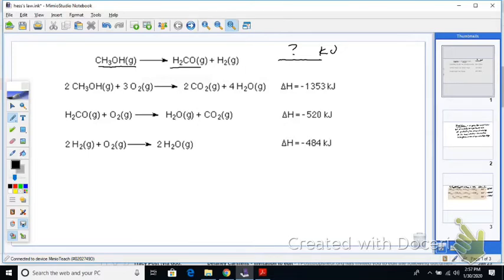So I'm going to flip it. I'm going to put H2O gas plus CO2 gas, arrow, H2CO gas plus O2 gas. Since that's the only one with H2CO, I'm going to put it on that side.